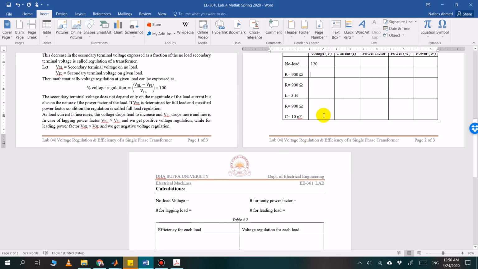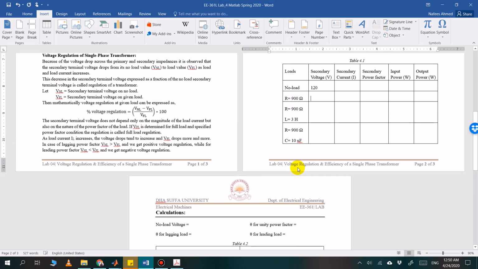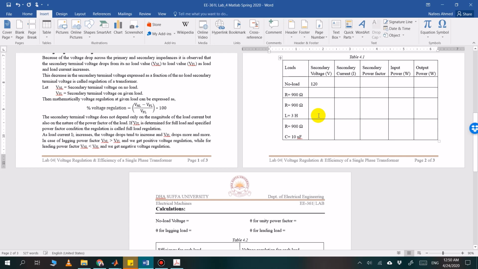So one thing that you will note is that the voltage regulation will be different in each case. So you can say that voltage regulation depends on the type of load. If it's R, then it will be something else, and if it's RL load, then voltage regulation will be something else. If it's RLC load, then it's something else.